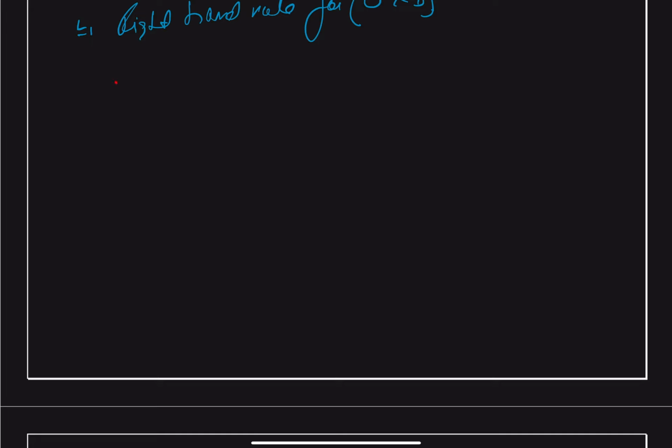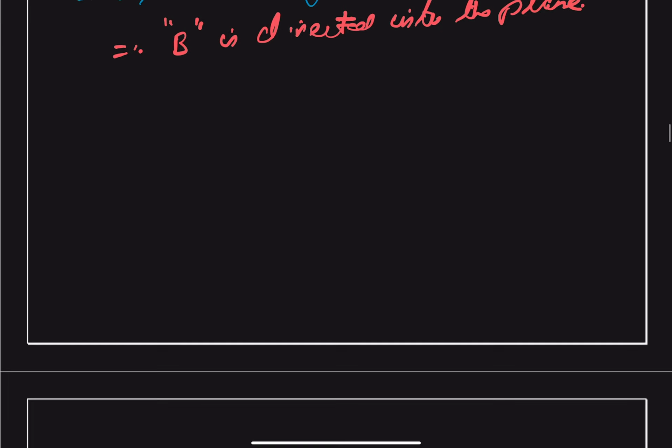We can say that our B is directed into the plane, or we can say negative z axis.